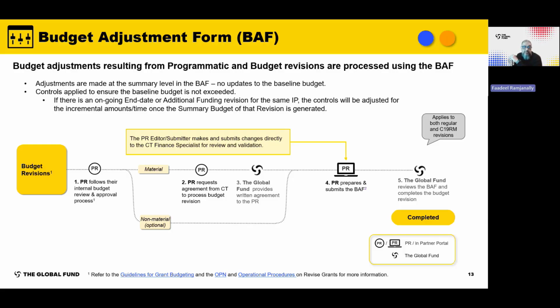One classic example is that at the time of grant making, very often not all the SRs are known in the system. I'm sure many of you have seen in the budgets SR1, SR2, etc. Now if you have an SR that is clearly defined, named, and with activities properly assigned to it, you will use the budget adjustment form where this change of implementers is going to happen.